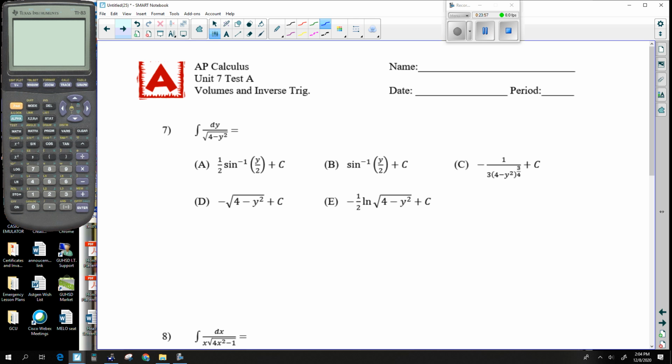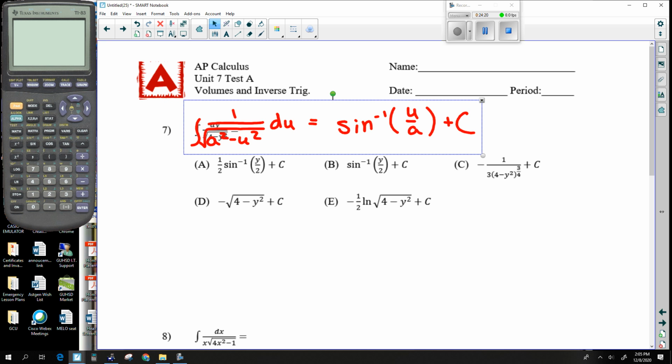All right, integral time. What I see is an integral of 1 over the square root of a squared minus u squared du. If that is true, this is going to be the inverse sine of u over a plus c.